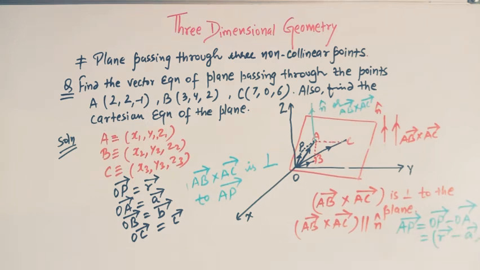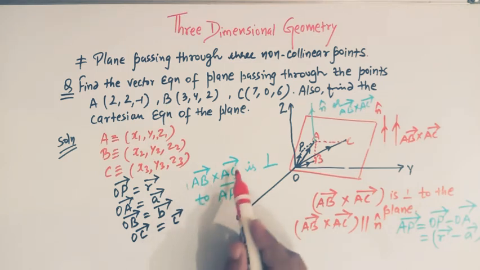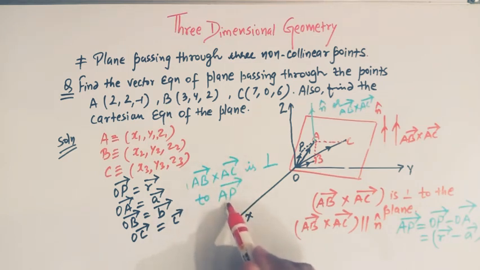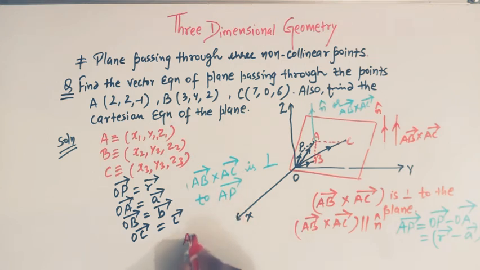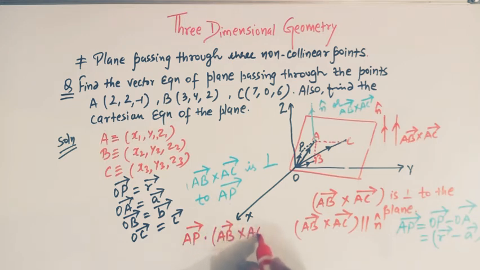Now we know that if two vectors are perpendicular, then their dot product must be equal to 0. So the dot product of vector AP and AB cross AC must be equal to 0.